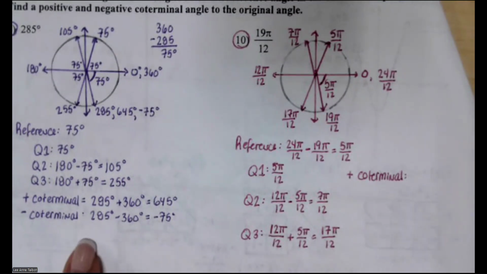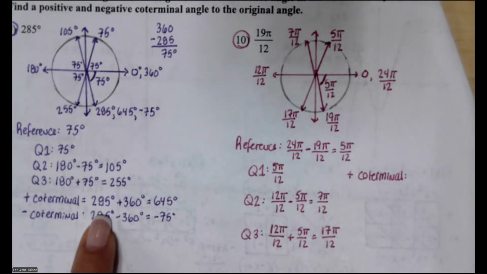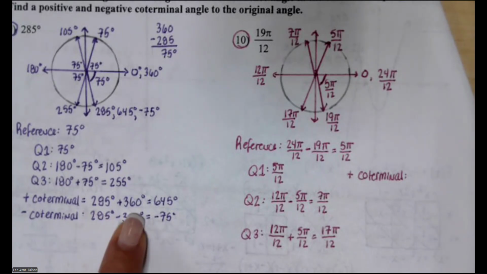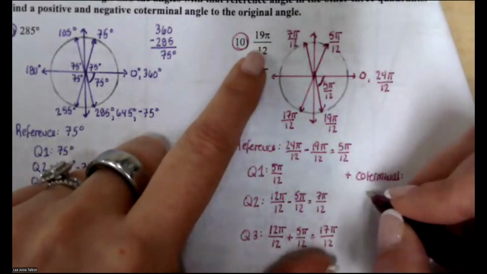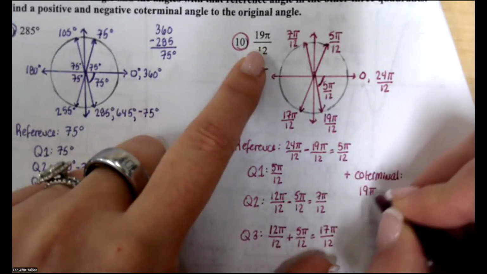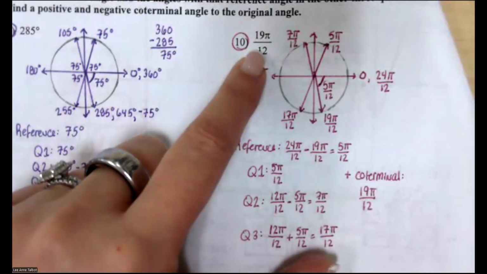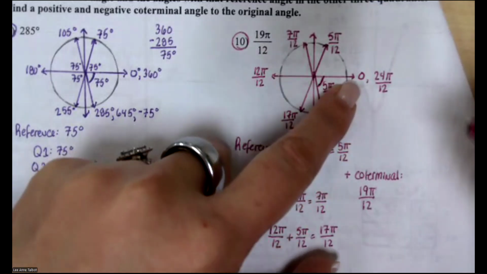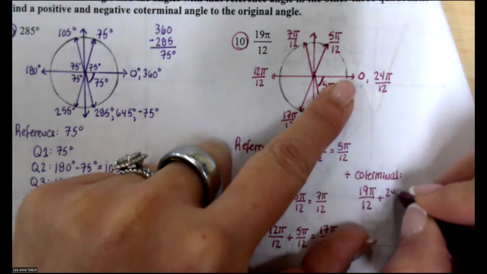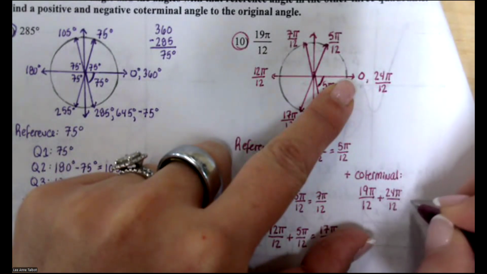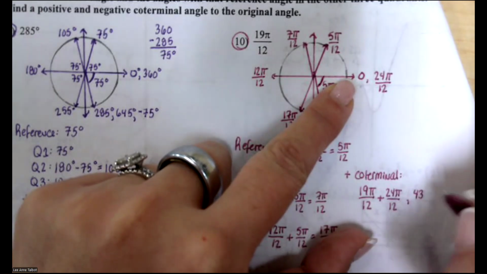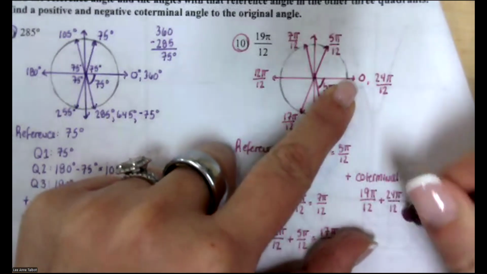Positive coterminal. Okay. For positive coterminal, I took the original angle from the problem and I added 360. Okay, my original angle from the problem. What's 360 on my picture? That's supposed to be an equals. I don't know why.